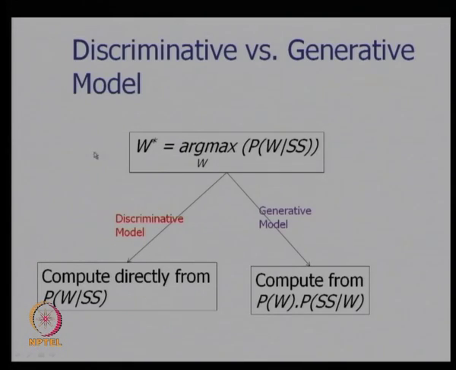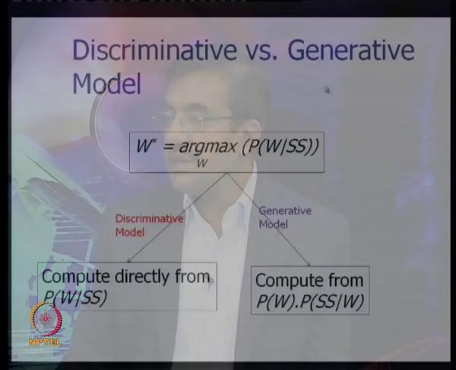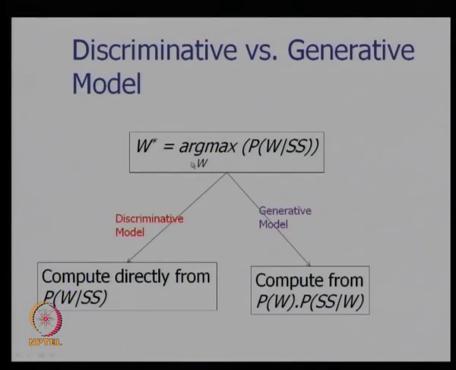The next question, which is really an issue on the side, but important nonetheless, is the question of discriminative versus generative model. Our W star can be found from probability of W given S s, where S s is some quantity, W is another quantity. The relationship between W and S s is that there is a noisy channel and one is the input, other is the output.